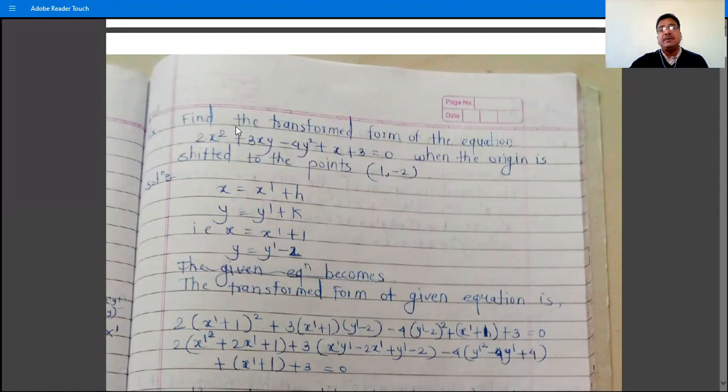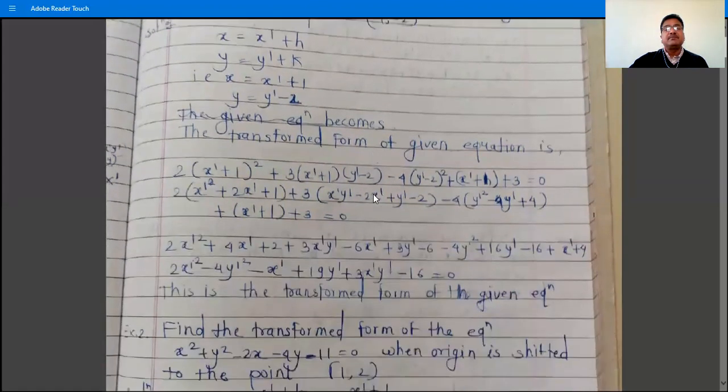So what is the question? Find the transformed form or new form of this equation when the origin is shifted. This is the equation of the curve with respect to the old system, and we have to find the equation of the same curve, or new form of this equation, with respect to the new system.